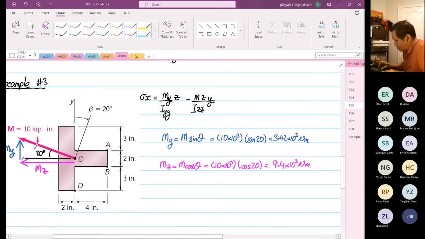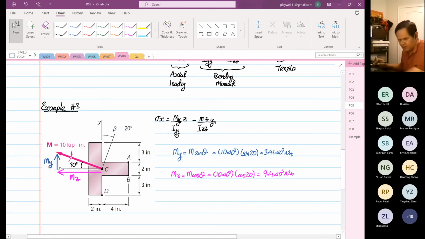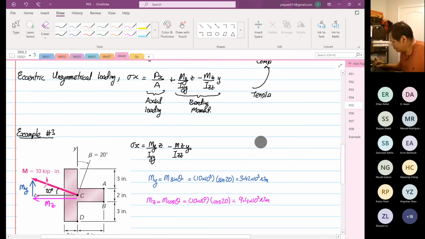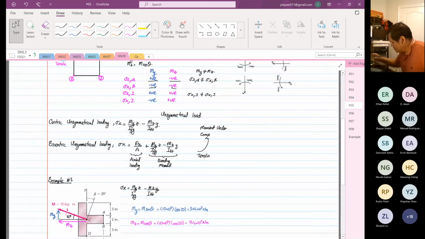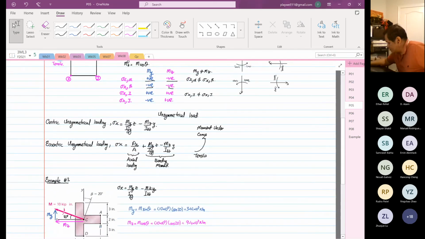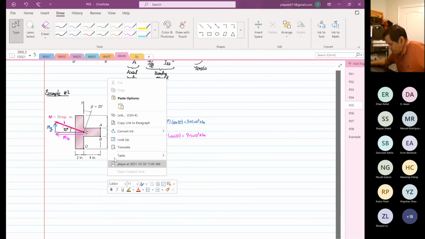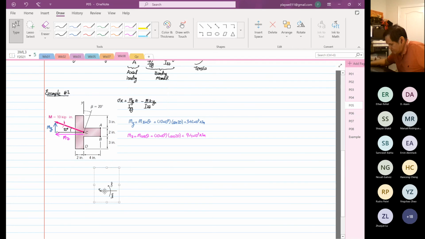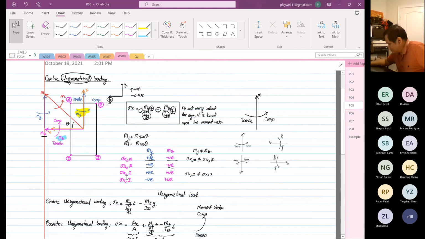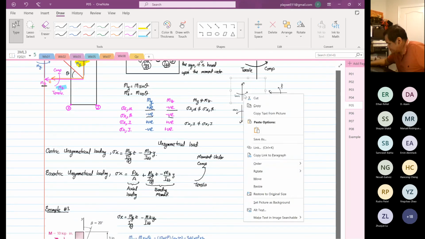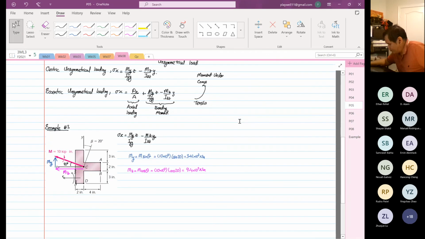Then I'm going to use the magic arrow that we have created. Copy, paste. The magic arrow will tell you what is tensile and compression. No need to think, brainless.